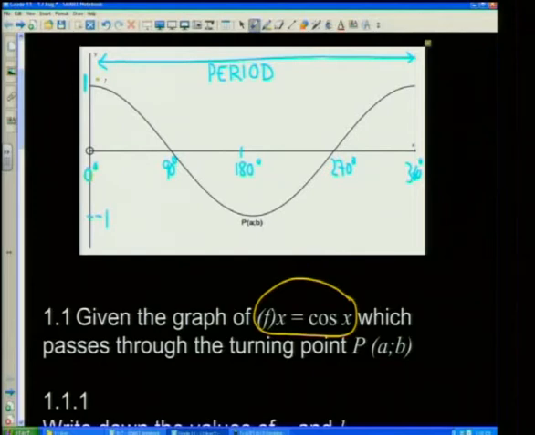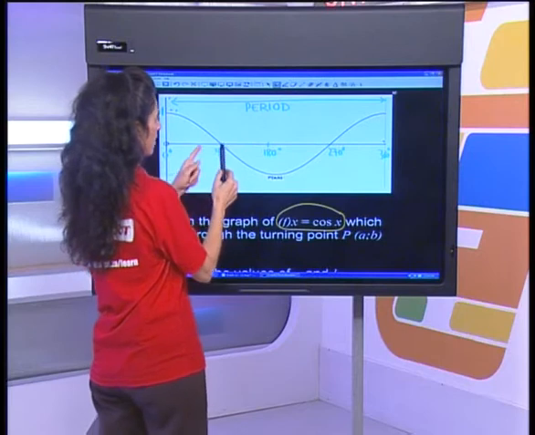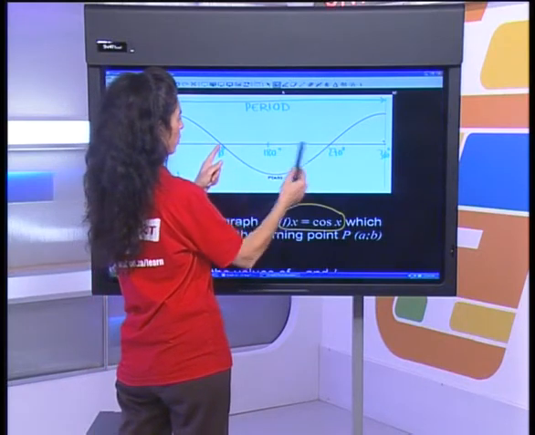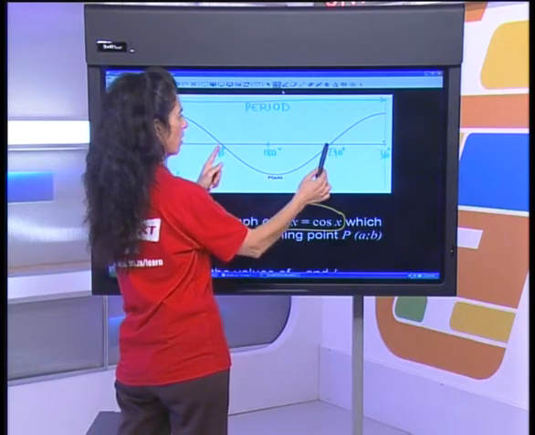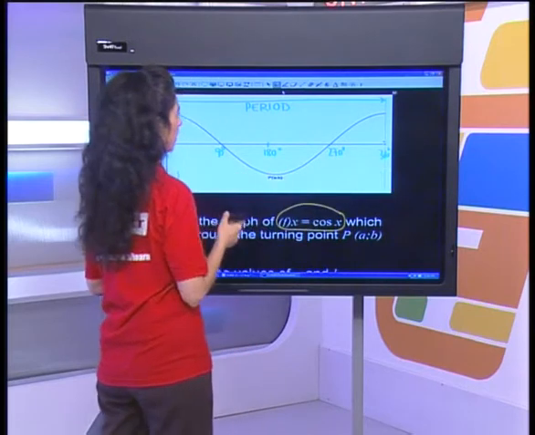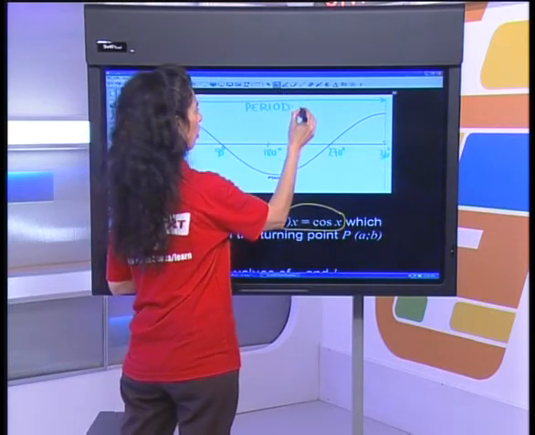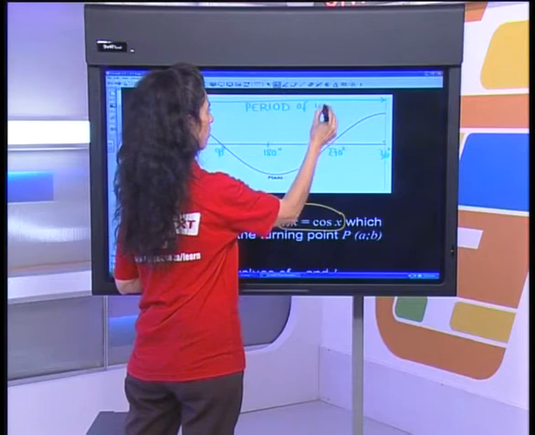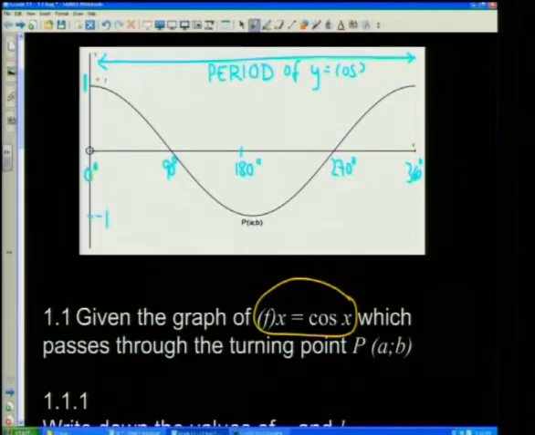The zeros are not periodic over 360 degrees. The zeros are periodic over 180 degrees because it takes 180 degrees for every zero to reappear. So the period of the cos graph of y equals cos x would then be equal to 360 degrees.